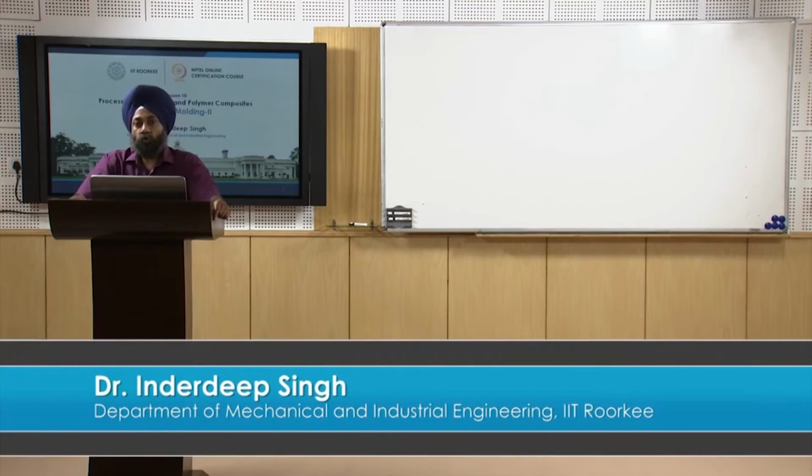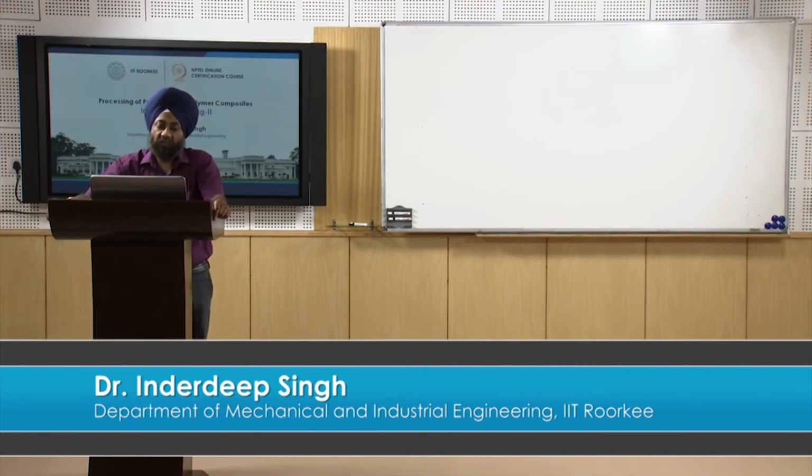So basically we are trying to emphasize that if we don't select our variables or operating parameters judiciously or optimally, it will lead to a disastrous product, or it will lead to a defective product that we need to avoid. Now injection speed also can lead to a number of defects, and if we have not optimally selected our injection speed, it may lead to short. What is short? We will see in the subsequent slides.